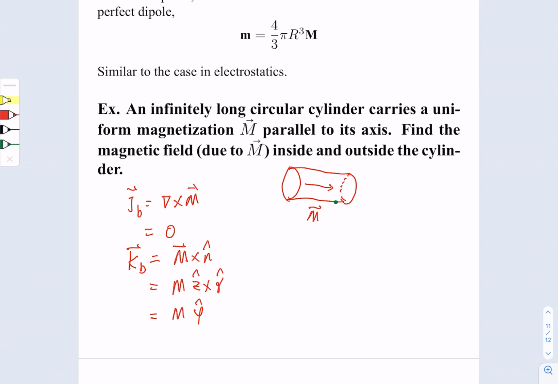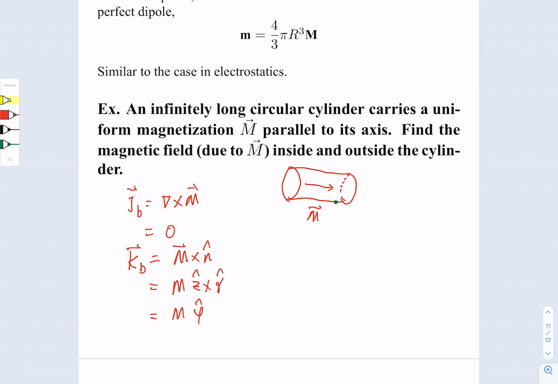It could be either a plus or minus sign along phi depending on how you define it, but you can use the right hand rule to determine the exact direction.